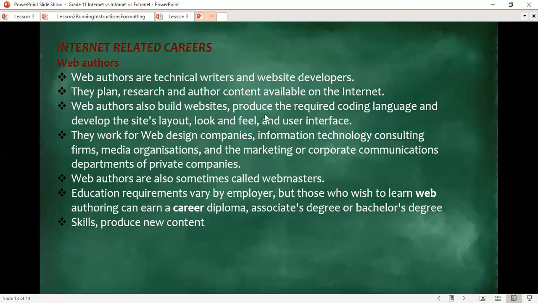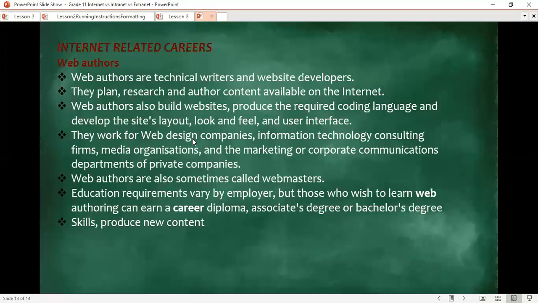So some of the people can also code the languages and do the same as the designer does, but the designer's work is much different from a web author's. The designer doesn't put the content, they just create the structure and the visual elements of that website.